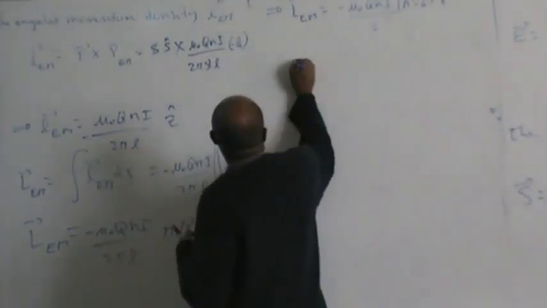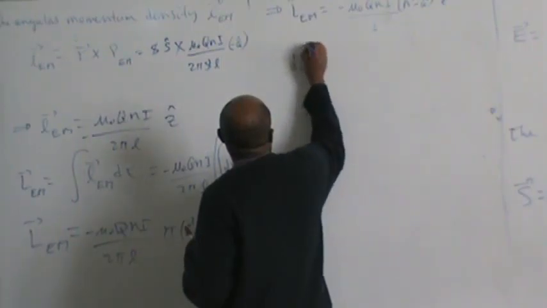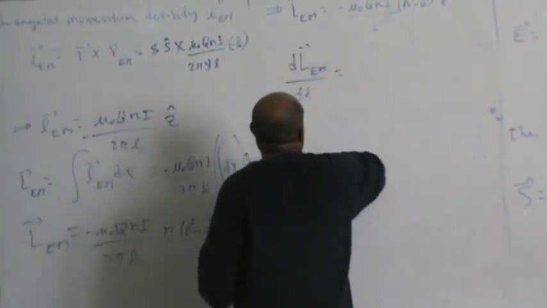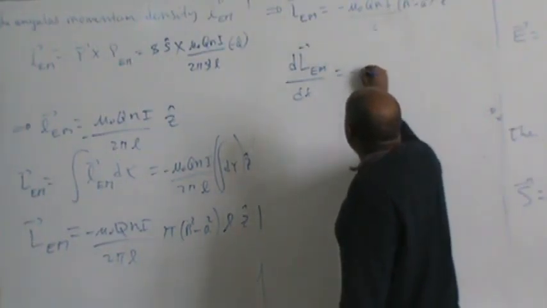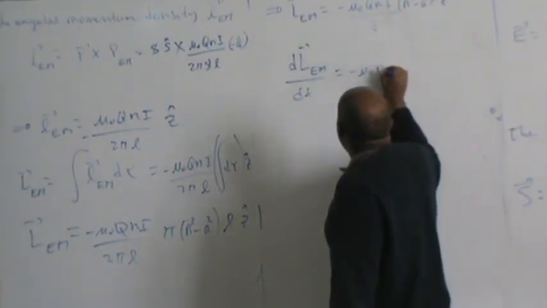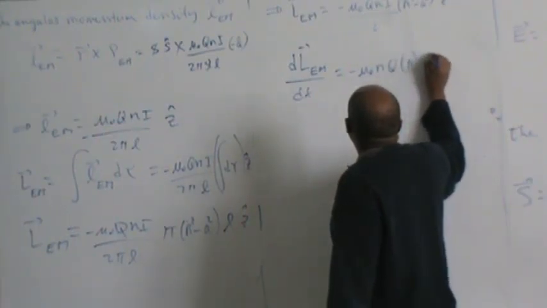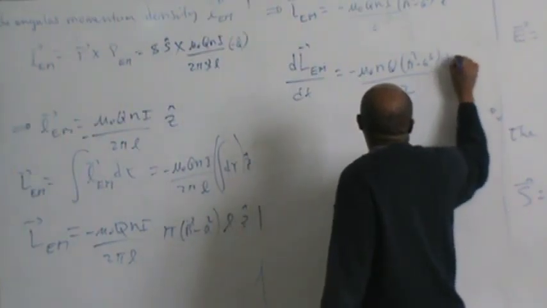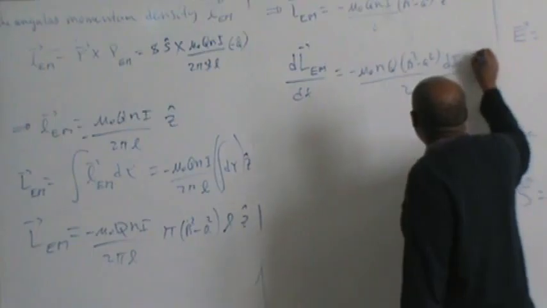So the rate of change of angular momentum for the fields is going to be, if you calculate dL_EM by dt, what you'll find is the change is due to the change in current, right? So you have minus mu naught N Q (R squared minus a squared) over 2 dI by dt along the other direction.